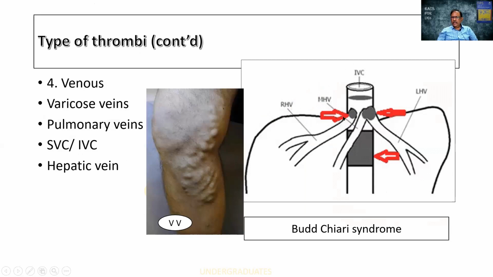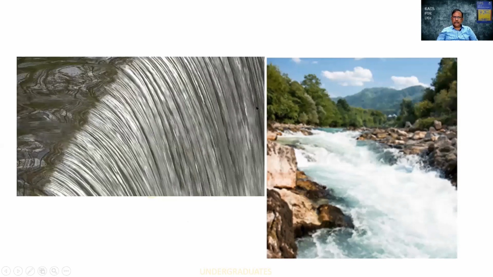These are the hepatic veins draining into the inferior vena cava, wherein there are multiple thrombi being formed, which is classical of Budd-Chiari syndrome in the liver. This is the varicose vein. So I hope you will be able to explain all these things. Recollect, try to explain.